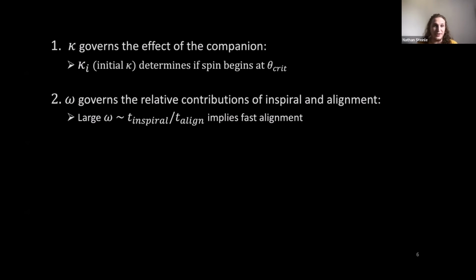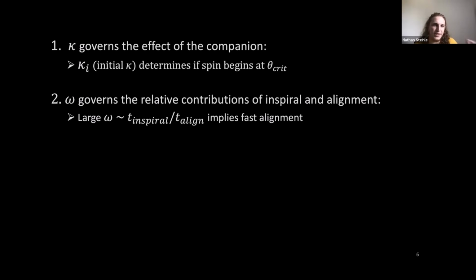So there's lots of free parameters in this model, as you can probably imagine, and I don't want to get into the weeds of it. And so it's actually helpful that we can boil down the essential dynamics into two main parameters. Kappa governs the effect of the companion on the accretion of each black hole, where kappa sub i is the initial kappa, the value of kappa at the initial separation, which determines if the spin begins at a critical angle.